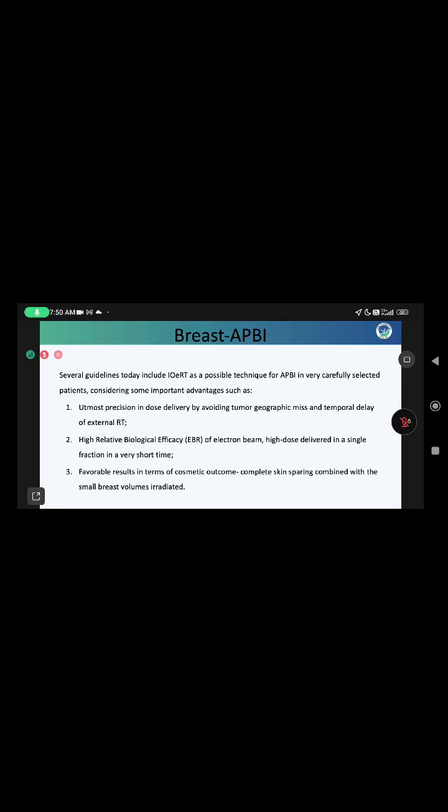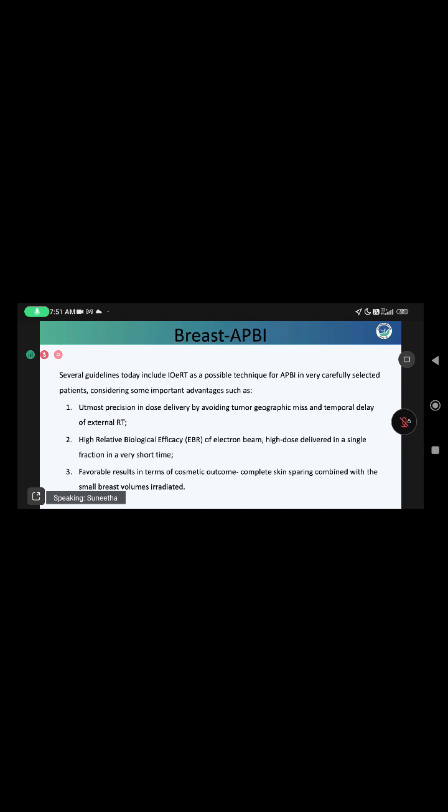The advantages of IOERT are utmost precision in delivery of the boost or the adjuvant radiation without any geographic miss, which we see during external beam radiation, a high biological effective dose with the electron beams, and a very high dose delivered in a single fraction during a very short period of time. And we have a very good cosmetic outcome here because we can spare the skin completely, and a very small volume of the breast is irradiated when compared to other APBI techniques.